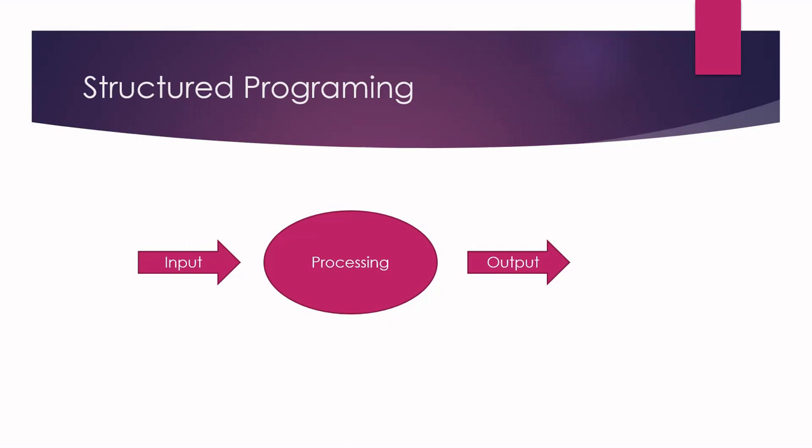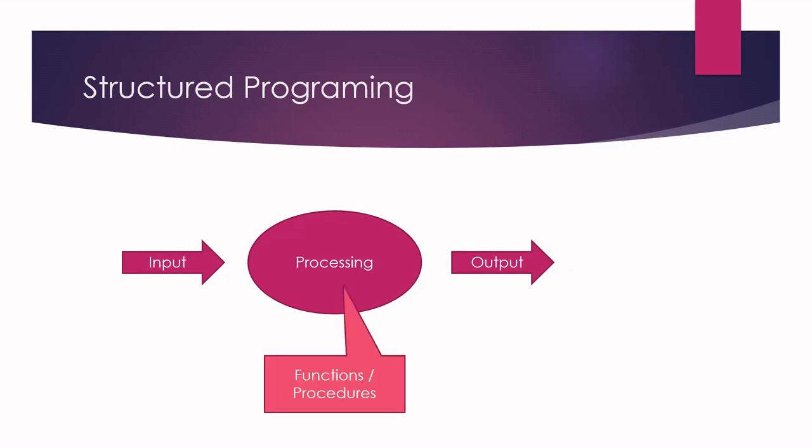The processing expects something to be sent to it to process, and then it will be sent out. Functions and procedures: the difference is that a function is supposed to return something, and a procedure just applies some processing without returning anything.